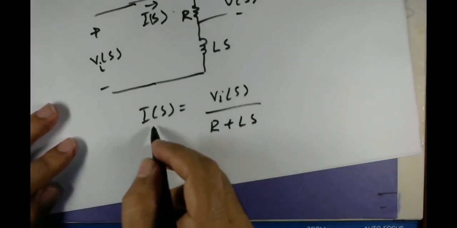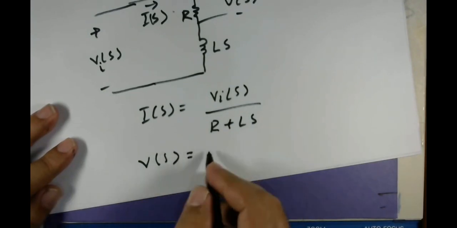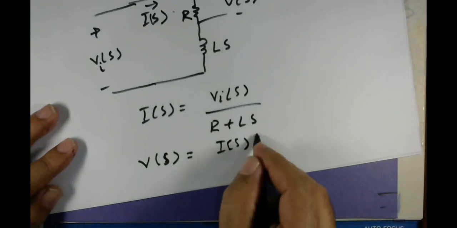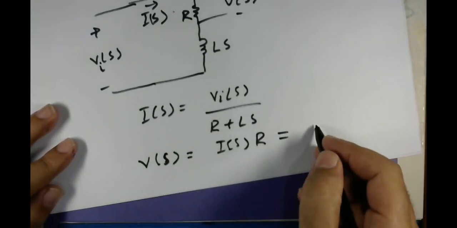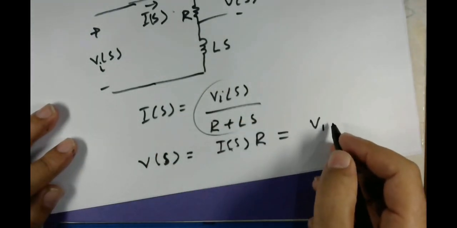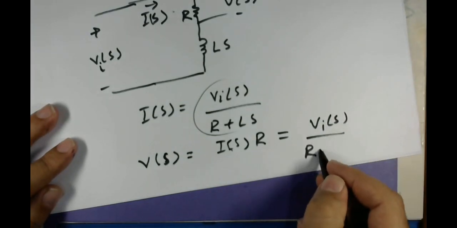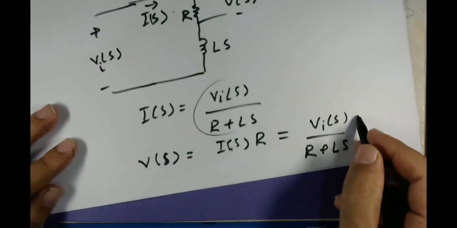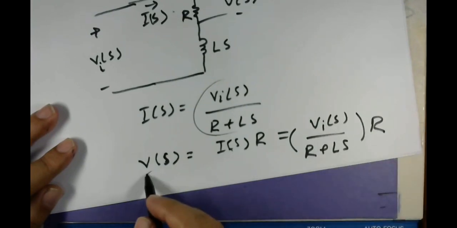Once I get I of S, I can easily find out V of S, which will be the multiplication of I of S with R. So you just put in this value of I of S, which is Vin of S over R plus LS, into R. And this is your output, right?